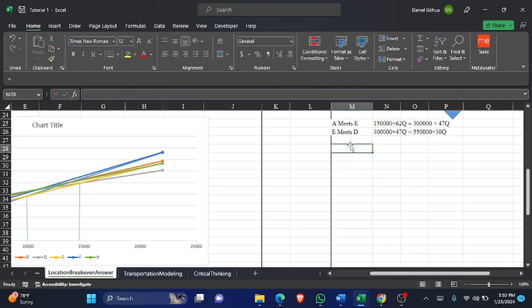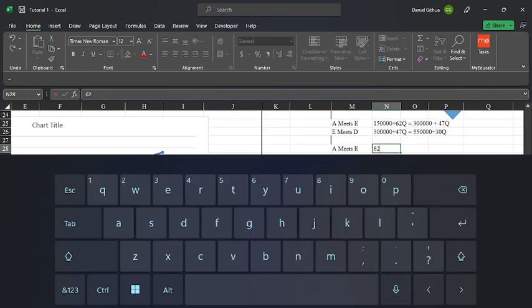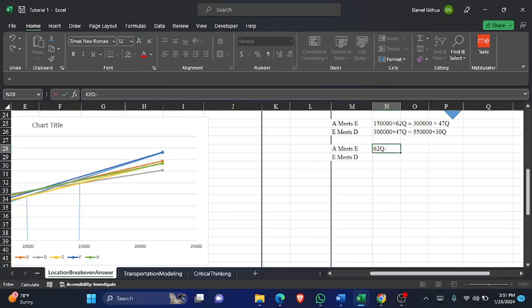Now let's do the calculations where A meets E. So we put them there, and then we put the like terms together. It will be 62Q minus 47Q must be equal to 300,000 minus 150,000.